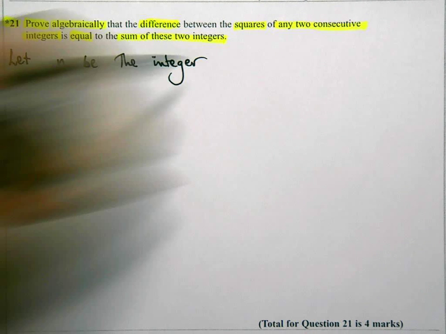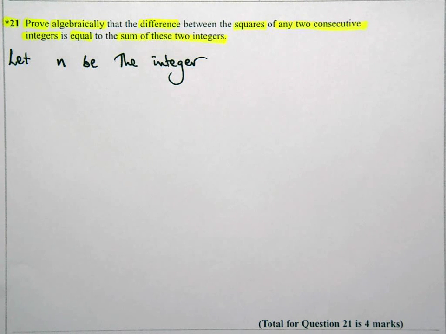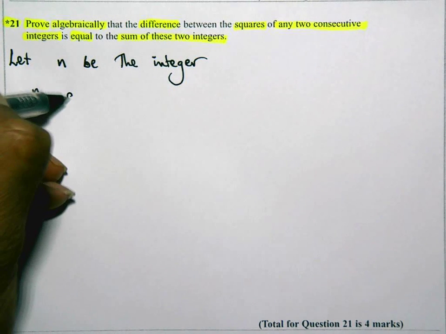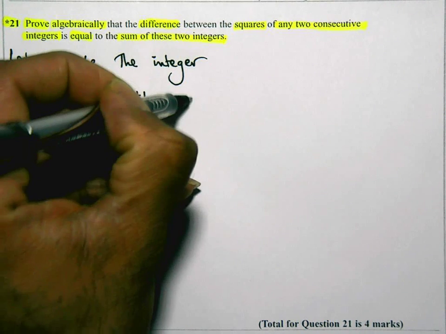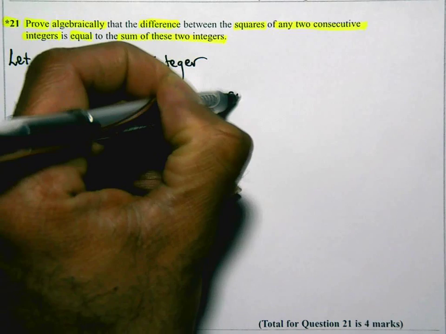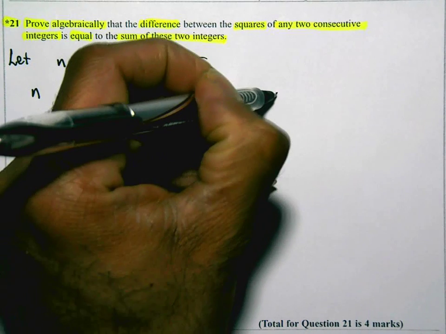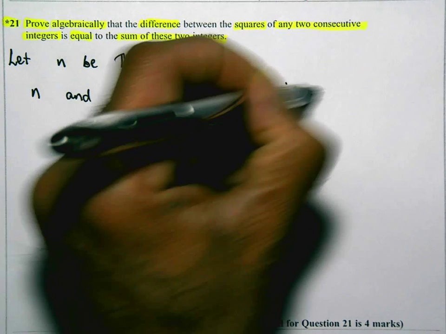Now, an integer is a type of whole number, so we're going to say let n be that. So n and n plus 1 are consecutive integers.